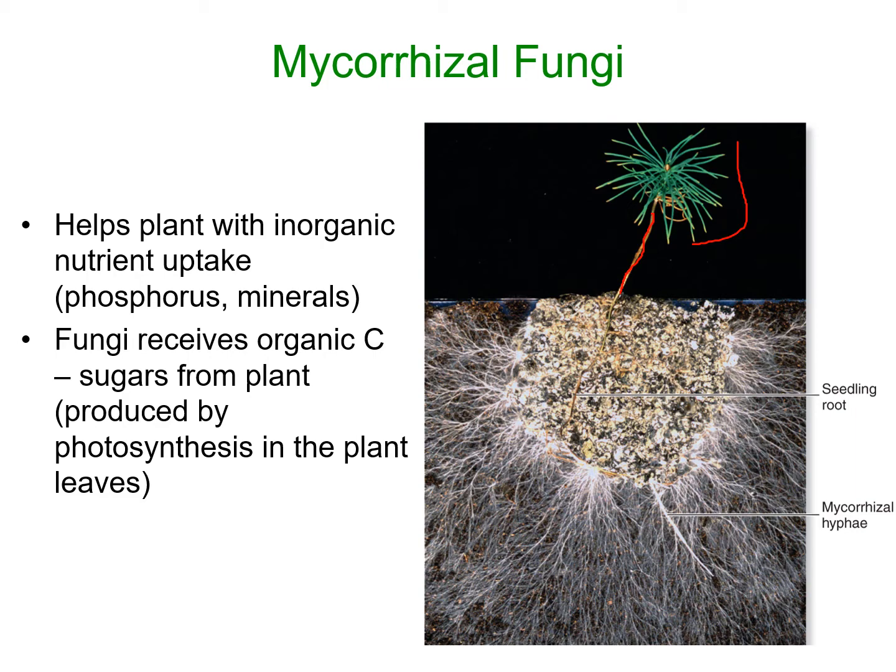There's a space for exchange inside the root tissue, where the plant gives up that organic carbon and receives the phosphorus and other minerals in exchange. So organic carbon is traveling downwards, and phosphorus, nitrogen, and other minerals are traveling from the fungus into the plant, and then from there up to the rest of the above ground part of the plant.